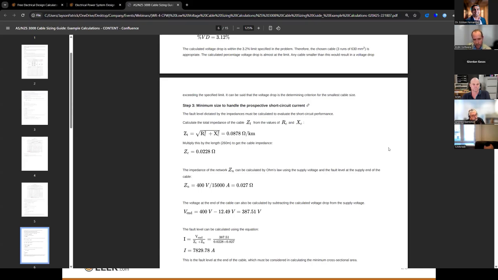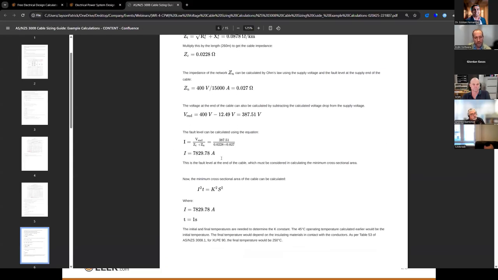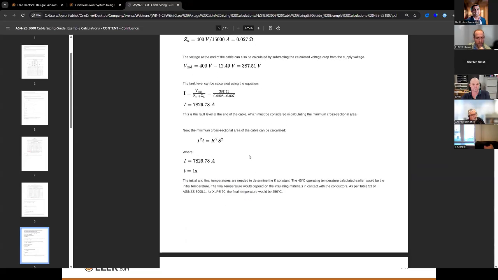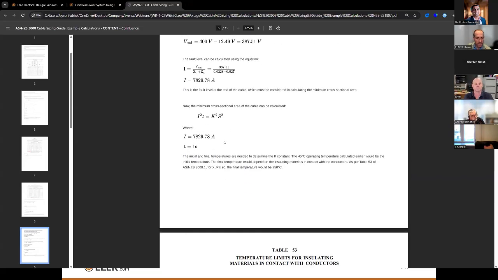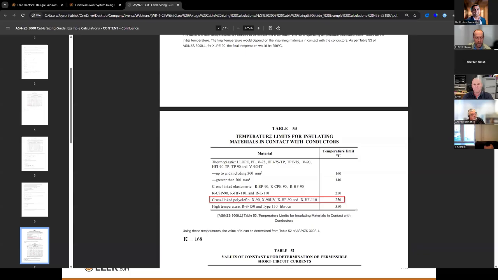We use the resistance and the reactance of the cables, conductors, and we calculate that the fault current at the end of the circuit is 7,800 amps, which is lower than 15,000 amps. We use that in the equation for K, or the minimum size to meet short circuit rating.